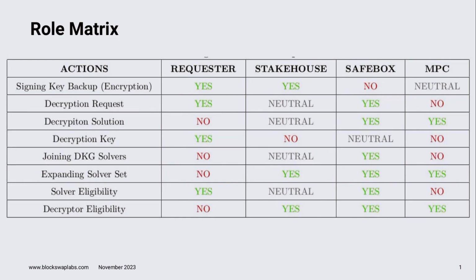Also, this table is about our deployment for the Stakehouse, which, as Matt stated, has been operating for about a year or so. Here we're also utilizing various actions within our entities, like the SafeBox contract suite, Stakehouse itself, and the MPC network.